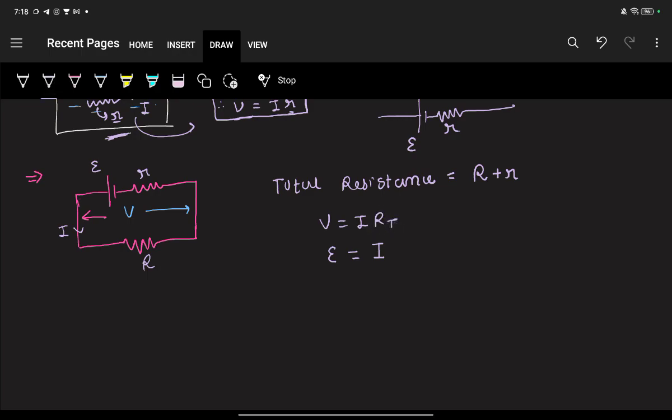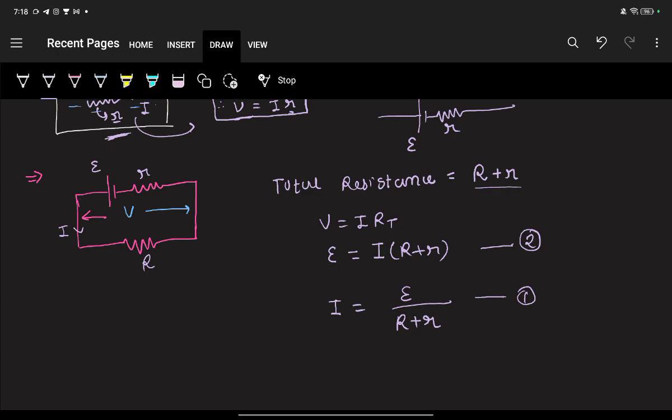Here we can write R plus small r. So from here we can write total current as E upon capital R plus small r. Very important formula. And from here the EMF becomes E is equal to I multiplied by capital R plus small r.